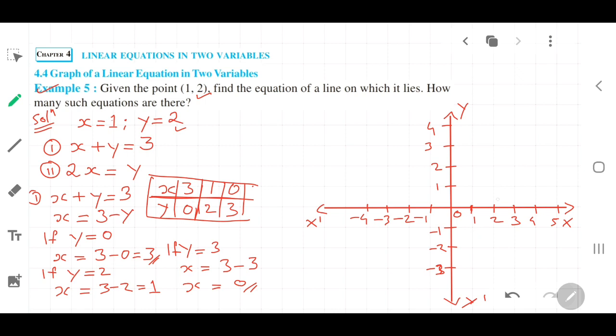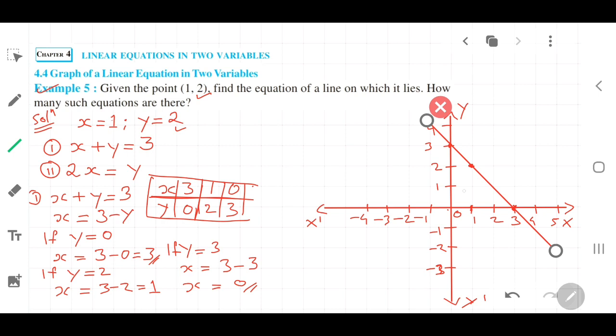So the first solution you see, x is 3 here, correct? But y is 0. So this will be the coordinate. Second one you see, x is 1 and y is 2. So it will come here. Third one you see, x is 0 but y is 3. So it will come at this point. Understood?